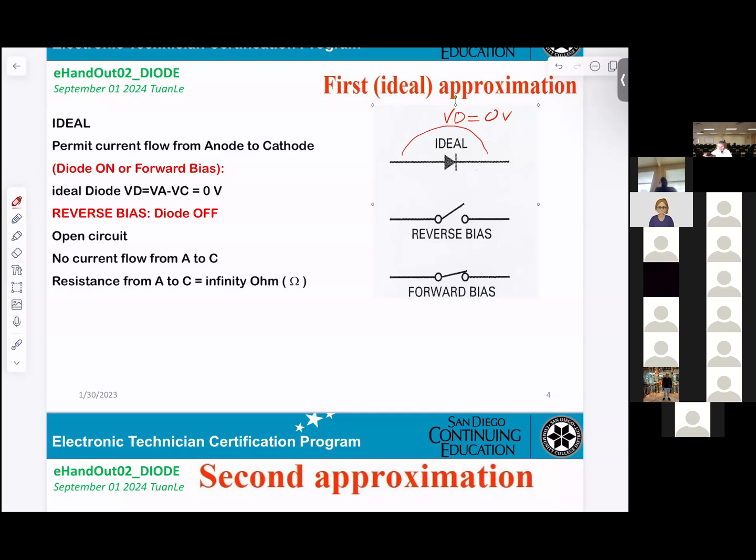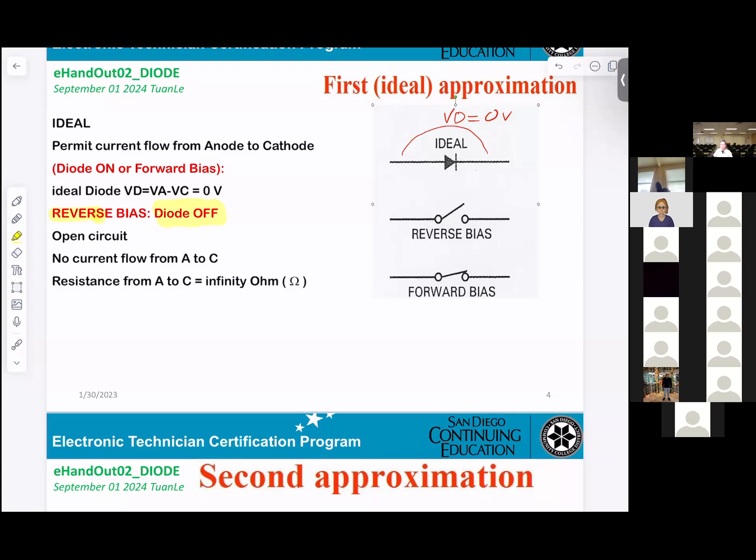Next one: reverse bias and forward bias. Let's see. Ideal diode, VD equals VA minus VC equals 0. Reverse bias, in this case the diode is off. That's telling you in reverse bias the electrons cannot move.